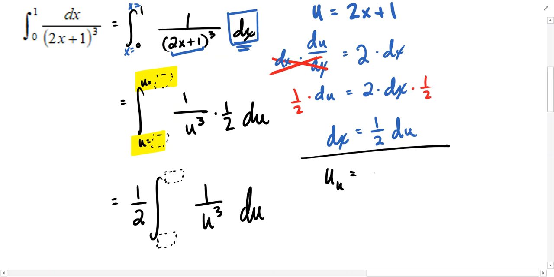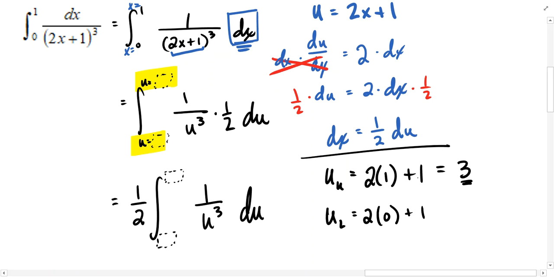So this upper boundary here for u is going to be 2 times 1 plus 1, which equals 3. And the lower boundary of integration is 2 times 0 plus 1, because those were the boundaries of integration in terms of x, and we're using those x values to adjust our boundaries of integration in terms of u. So this lower boundary is 1.